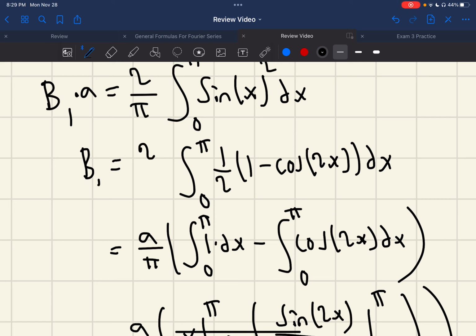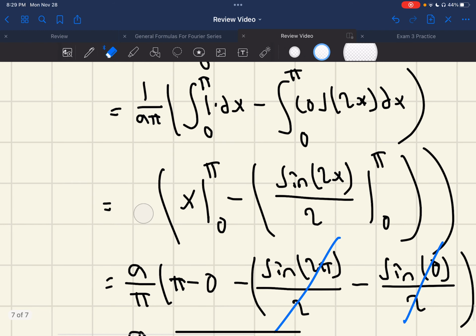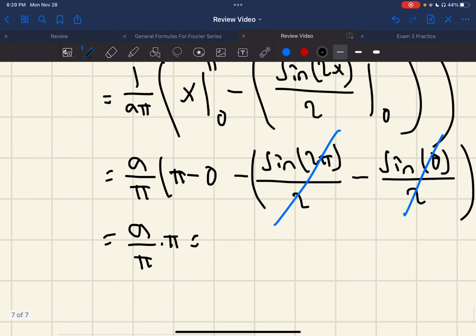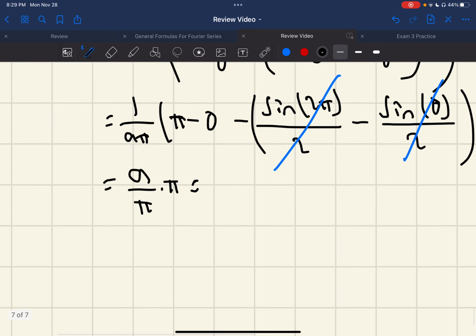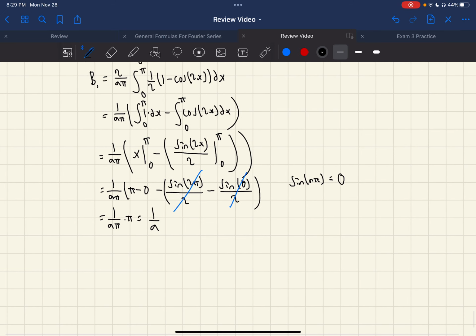And then we're left with 2 over a pi. That makes all of this 1 over a pi, and that leaves us with our coefficient as 1 over a.